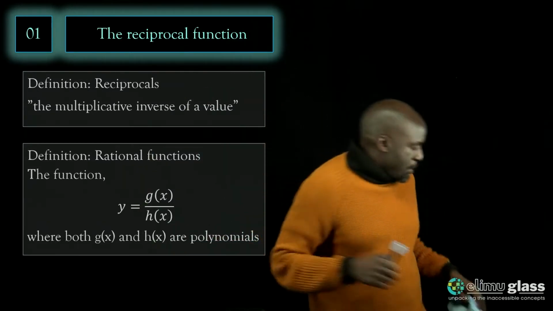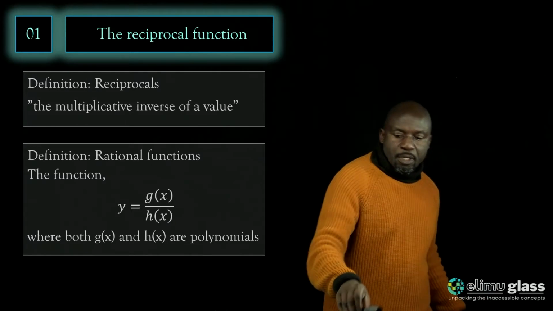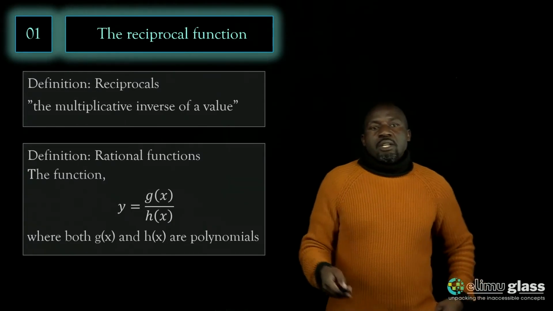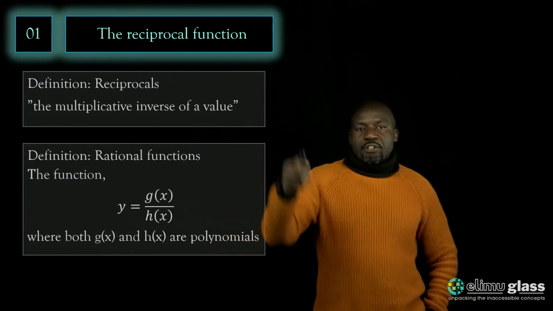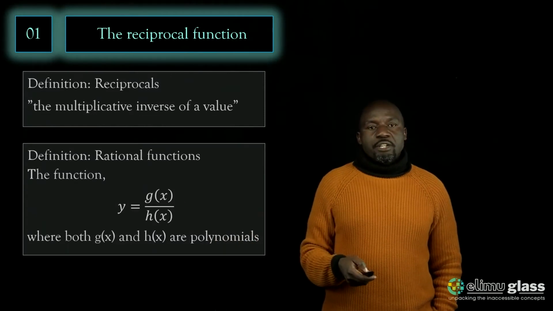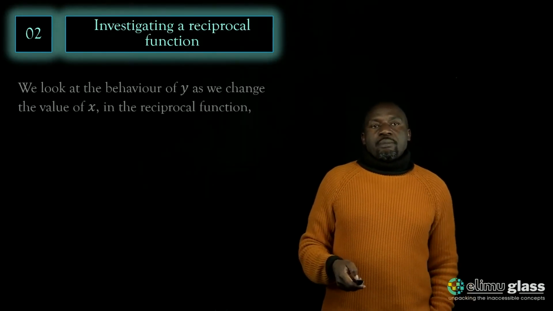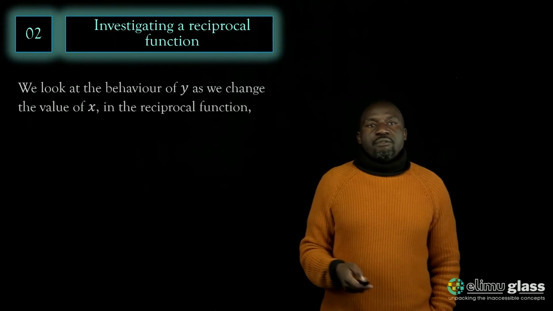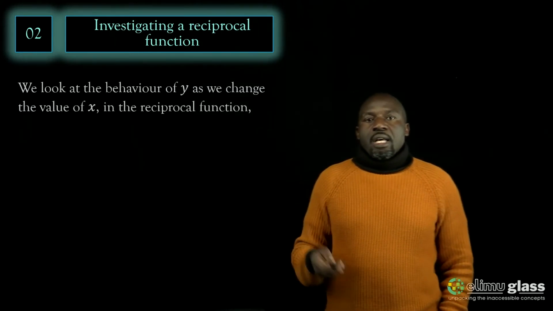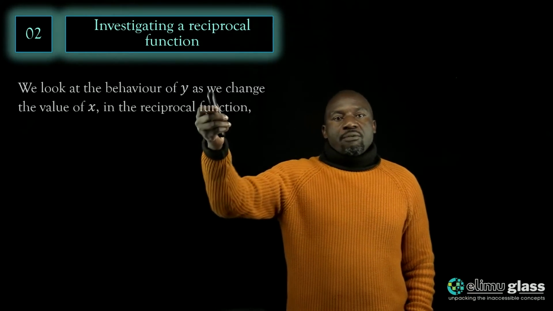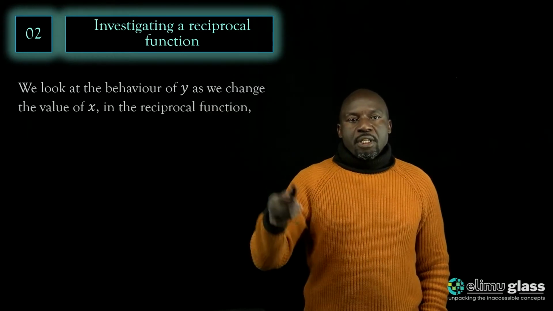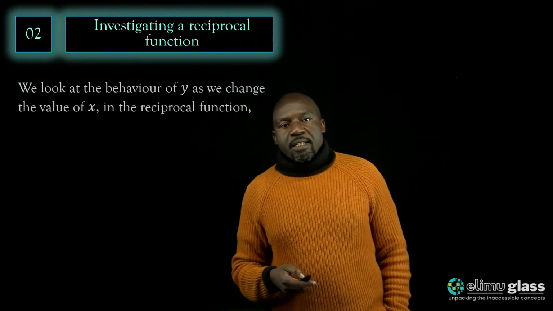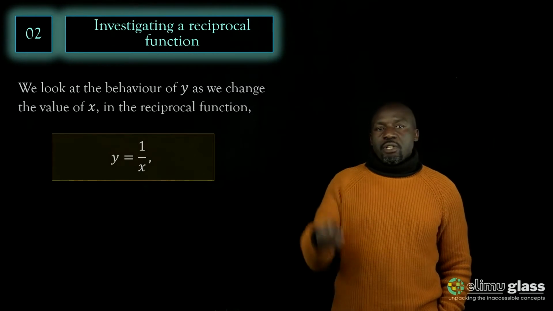So our task now is to reason with this polynomial. This is a rational function and the other one is a reciprocal function. Let's do some investigation here, investigating the reciprocal function. We will be looking at the behavior of y, so the value of the function, as we change the value of x in the reciprocal function given by this.